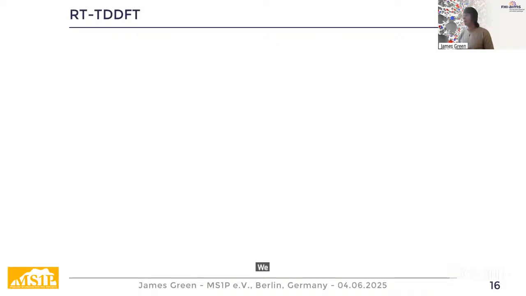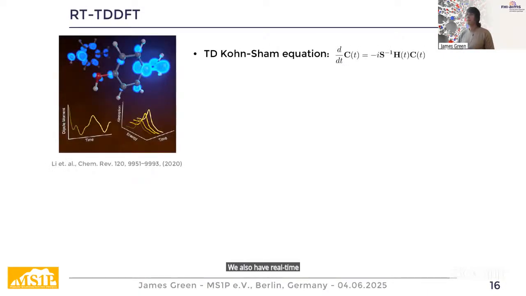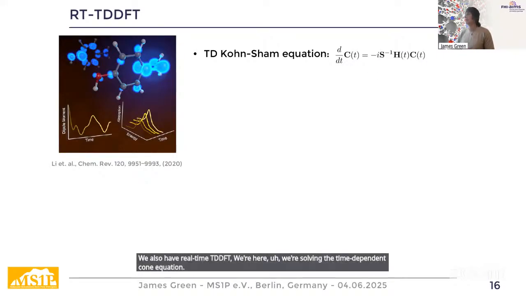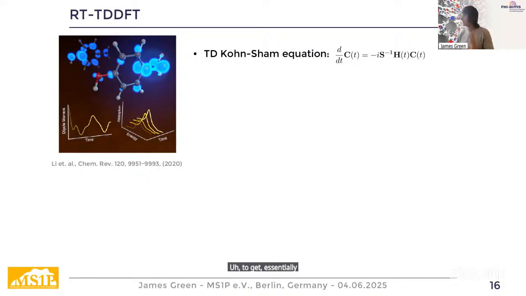So we also have real-time TD-DFT, where here we're solving the time-dependent Kohn-Sham equation to get essentially electron dynamics properties. A common thing to calculate, as shown in this figure from this nice real-time TD-DFT review, is the time dependence of the dipole moment, which can be used to calculate absorption spectra.